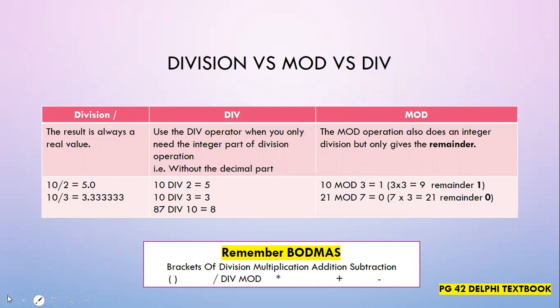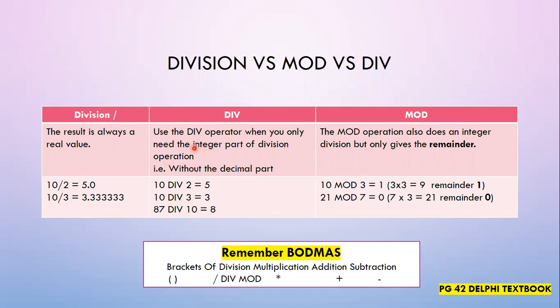Now there are 3 different types of divisions: division, mod, and div. With division, the result is always a real value. So 10 divided by 2 will give me 5.0, or 10 divided by 3 will be 3.3 recurring.